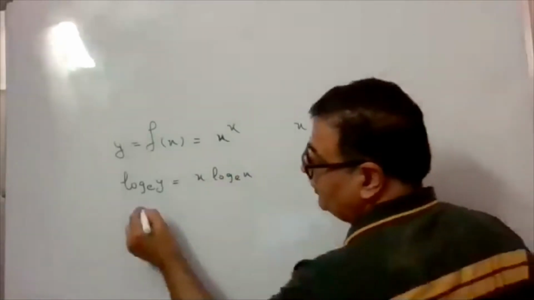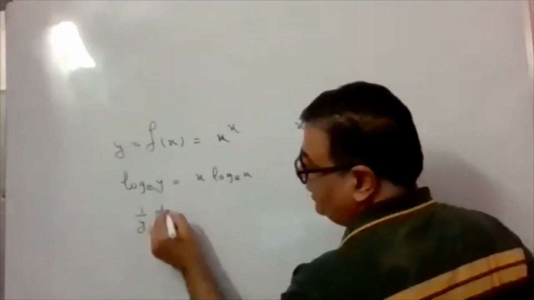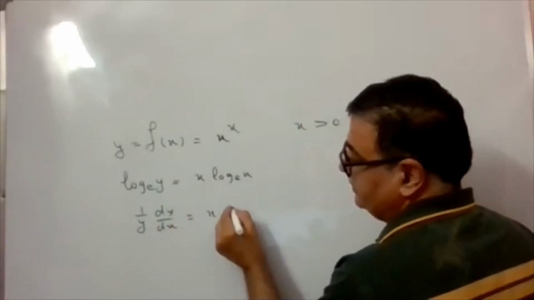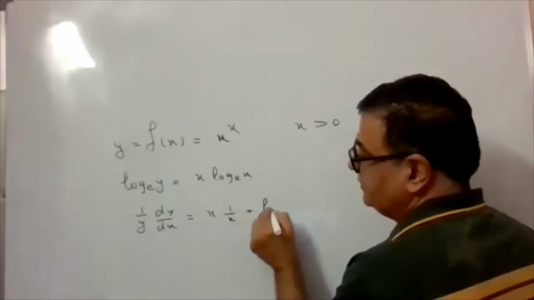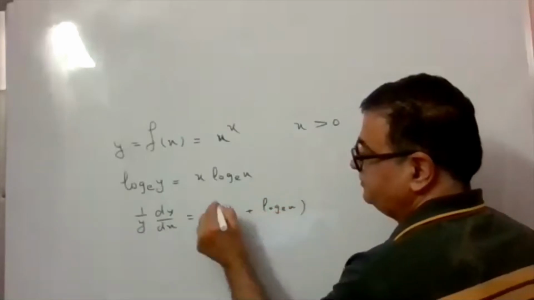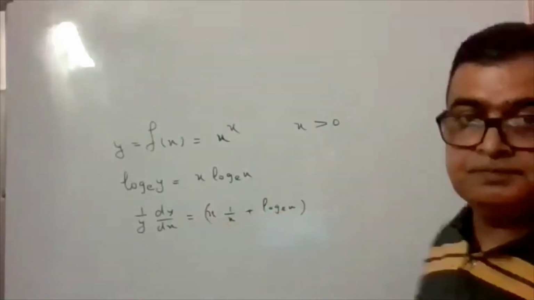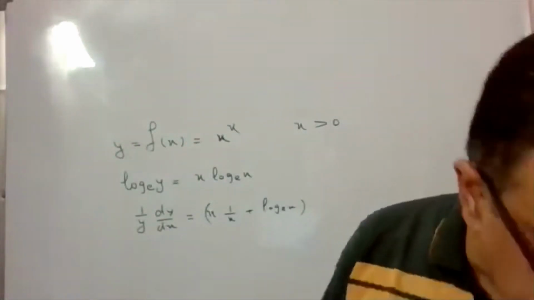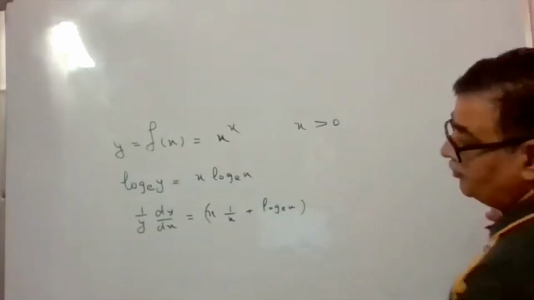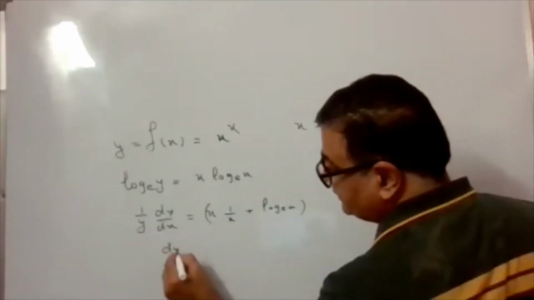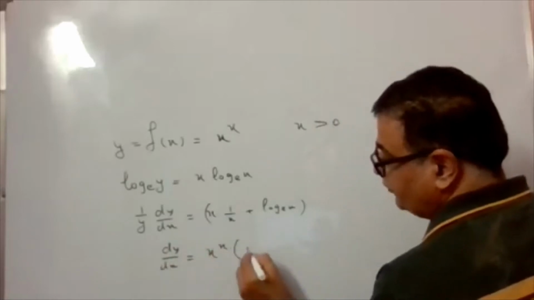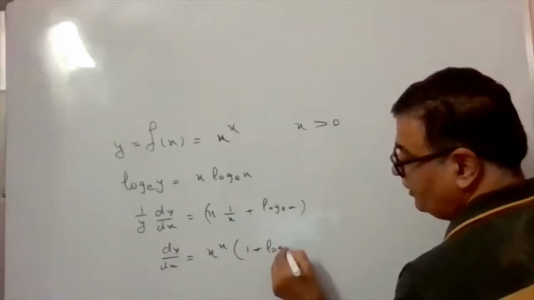And now when you differentiate, it will come 1 by y, dy by dx will be x into 1 by x plus log x. So in this case, now it will become dy by dx equal to x power x (1 plus log x).